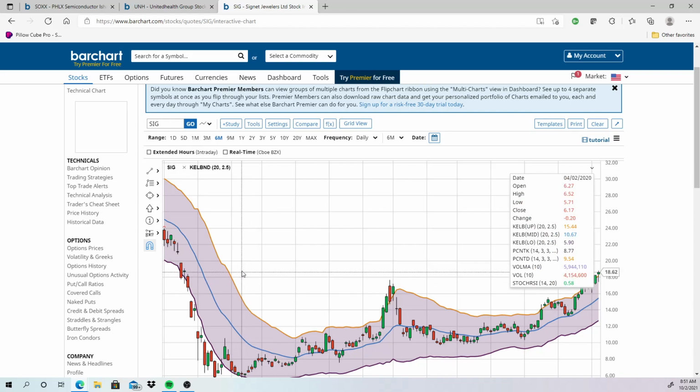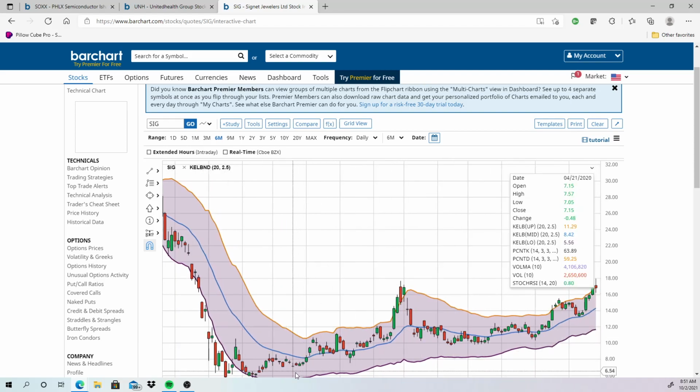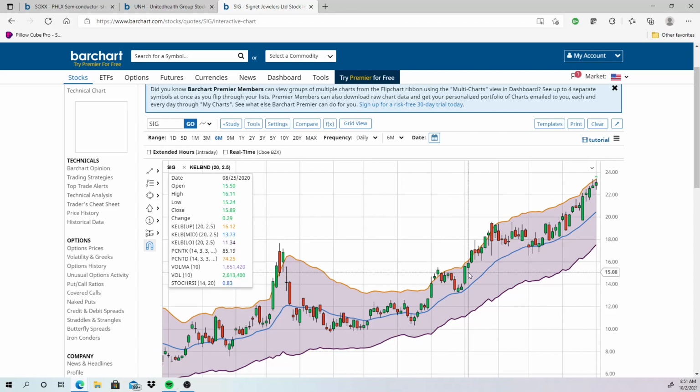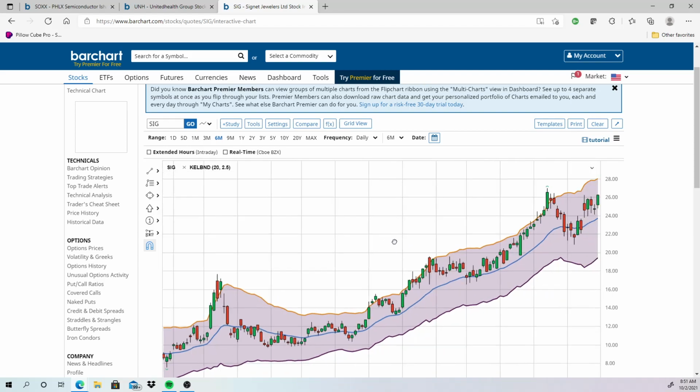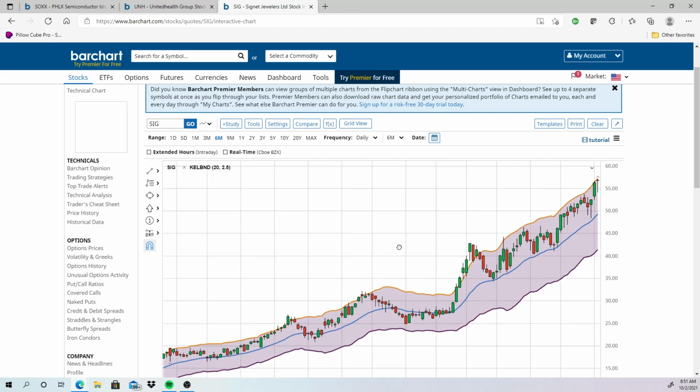So let's go over Weinstein real quick and then we'll be done. Okay, so stage 4, stage 1, right here. Stage 2 breakout, and that could be anywhere from this range to this range. Just depends on what you want to call it. Stage 2, this is all stage 2.